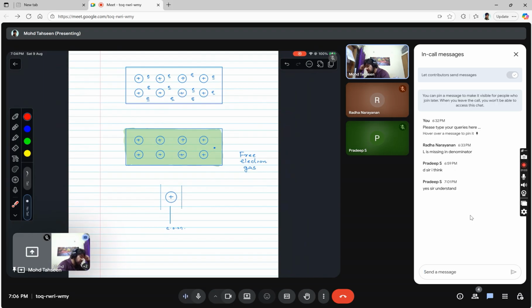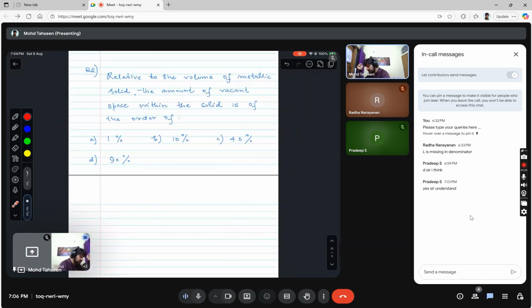Vacant space means the space without these ions, the interionic space. If we exclude these ions, what is the remaining space? What is the fraction of that space relative to the total? That's what the question is asking.